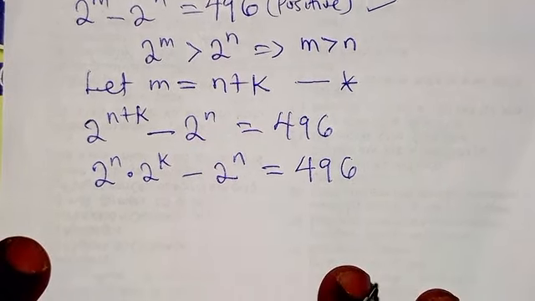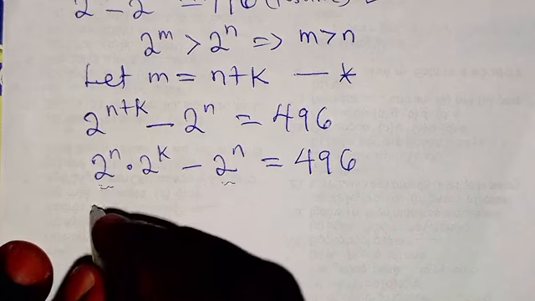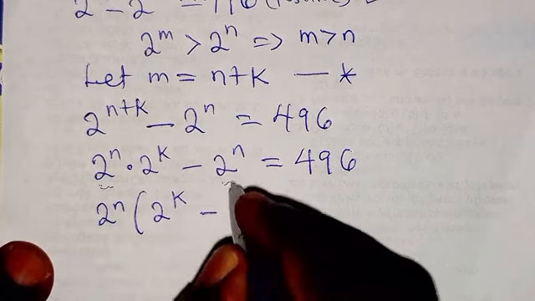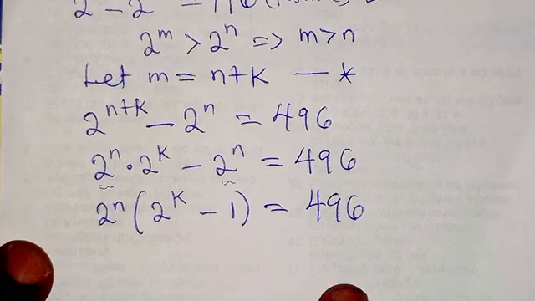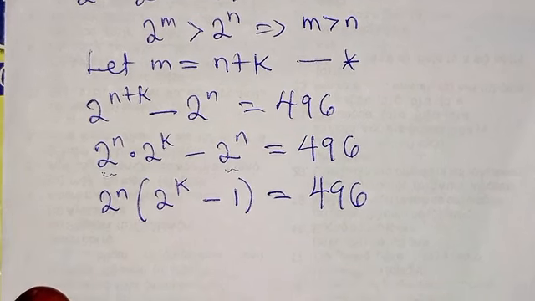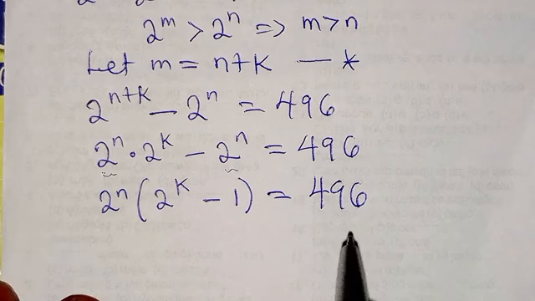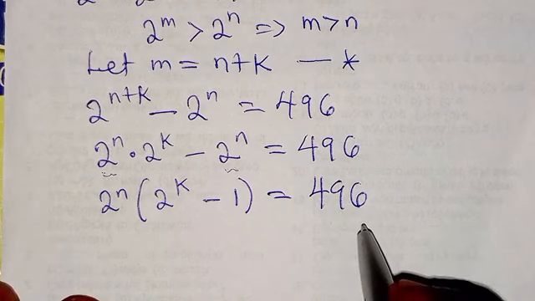Okay, so now we can see that we have 2^n here, we have 2^n here. So 2^n into bracket 2^k minus 1 equals 496.